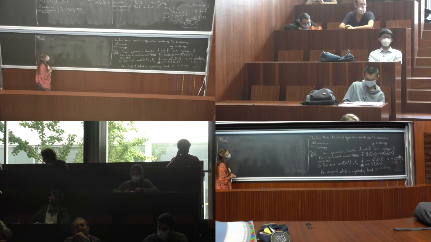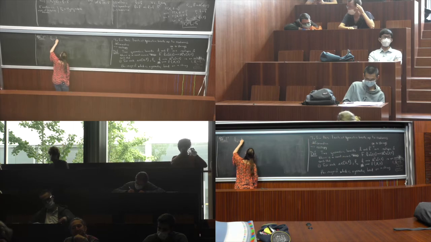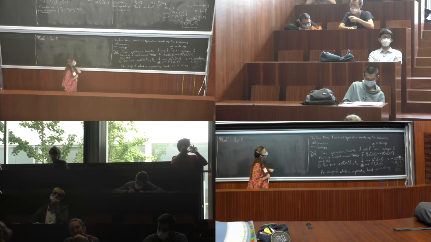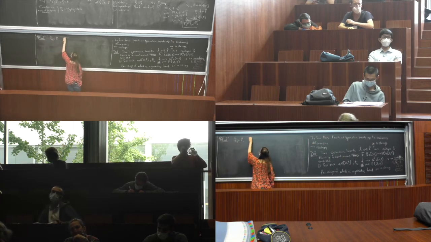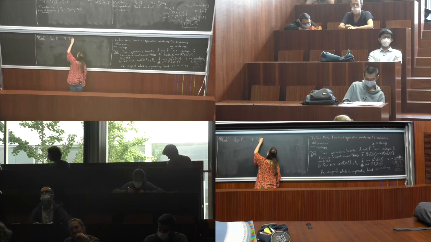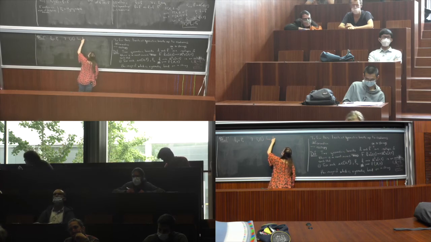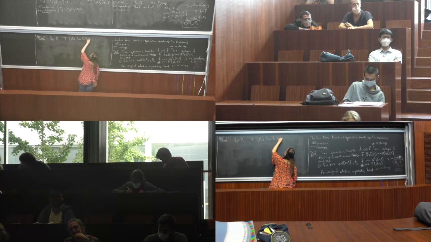Sketchy. So because B1 is isotopic to B1 prime, I have a family Fs of B1 from B1 to B1 prime.